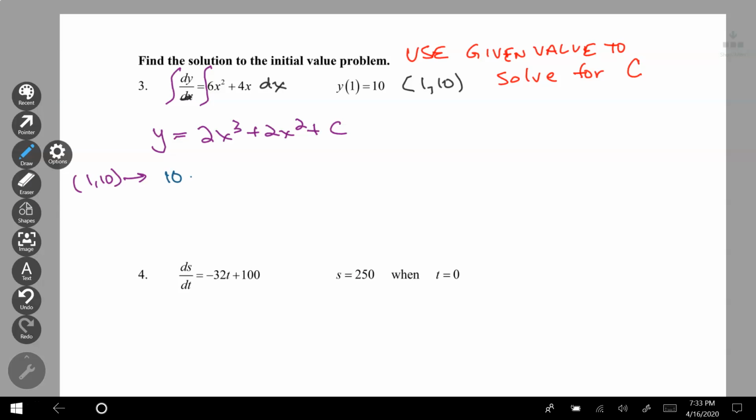I get 10 equals 2 times 1 cubed plus 2 times 1 squared plus c. 10 equals, I get 2 plus 2 plus c, or 4 plus c, and I get c is equal to 6.